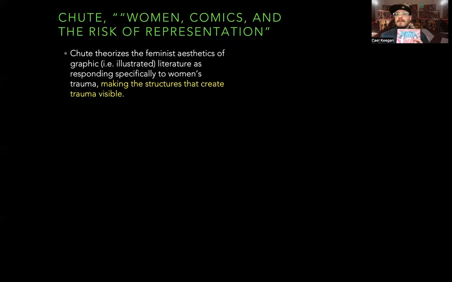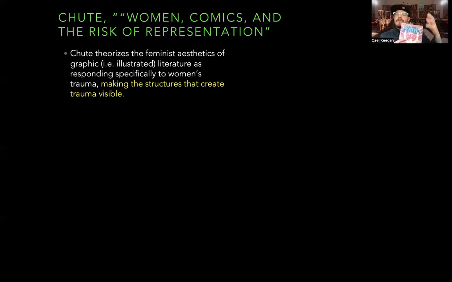So she says that feminist comics are responding specifically to women's trauma, that this whole genre of women's comics and women's illustrated media that has kind of exploded in the past couple of decades is really concerned with trauma and illustrating the structures that create trauma for women. And so here we are with a comic that's about a women's prison, an off-world women's prison.